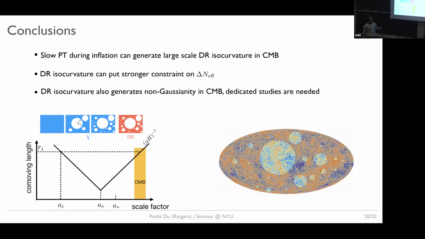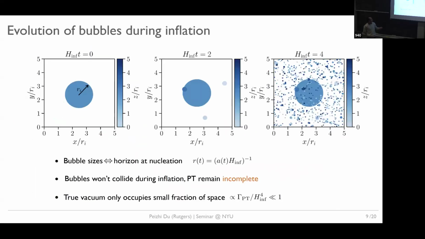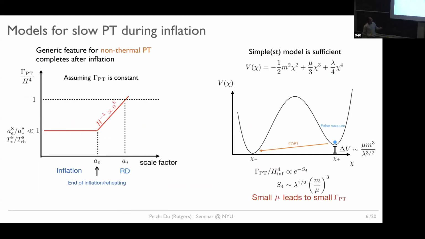T star over T. Well, T star over T is, yeah. Let me go back to this. So what controls the amplitude is this ratio.